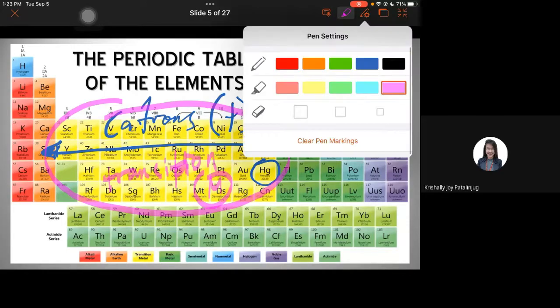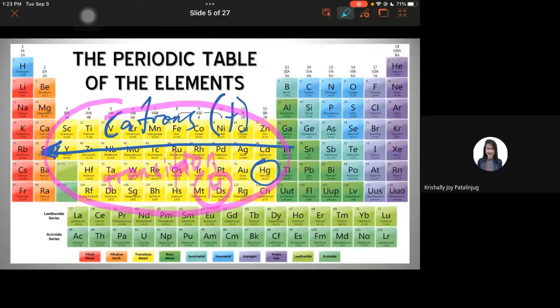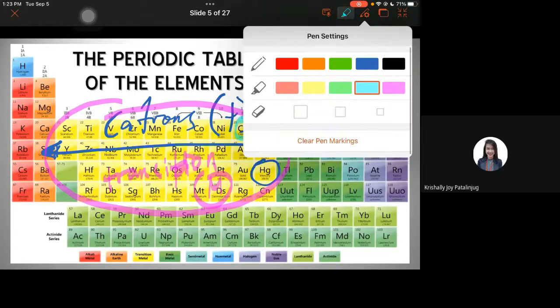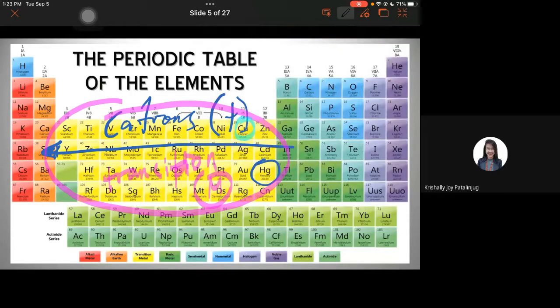Let's try to highlight some of them. Example, copper. Check in your list of ions: copper has Cu+, and we also have copper that is 2+. So we have copper 1, copper 2. What else? Iron. Iron has 2 charges. We have iron 2 and we also have iron 3.